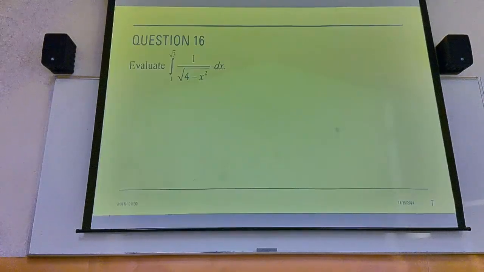If it's what's causing the problem, why not get rid of it? What's the square root of 4?